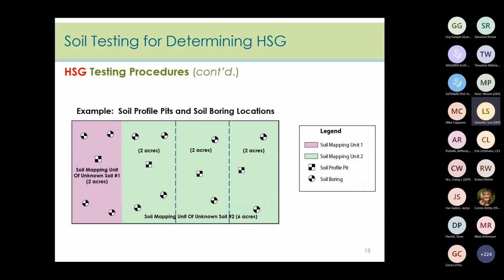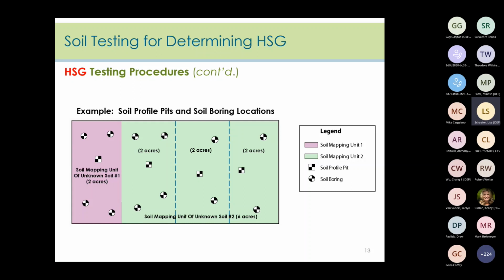So the placement is also an important part of the requirement. The soil profile pits and borings should be completed equidistant apart within the boundaries of the mapping unit to provide adequate characterization. So we're going to look at 2 examples. One is over there on the left. The pink area is 2 acres in size, and we see 1 soil profile pit and 4 borings.